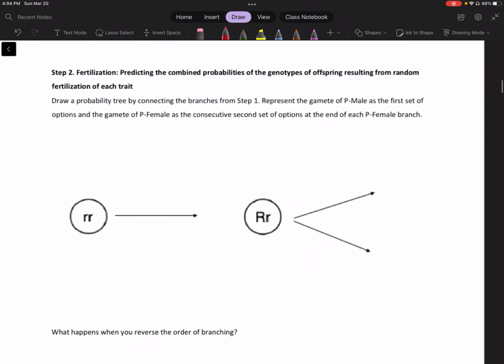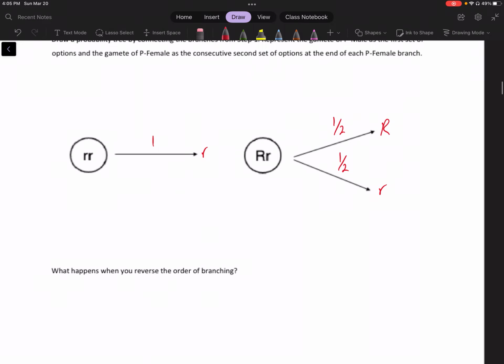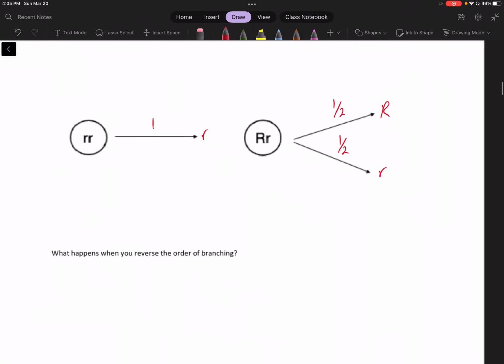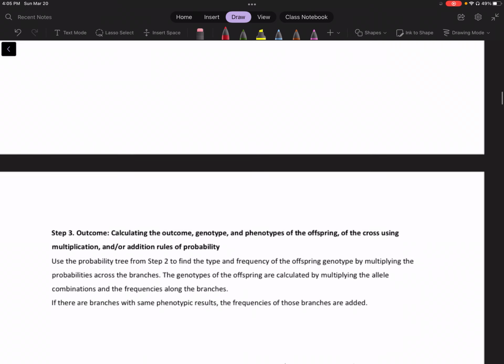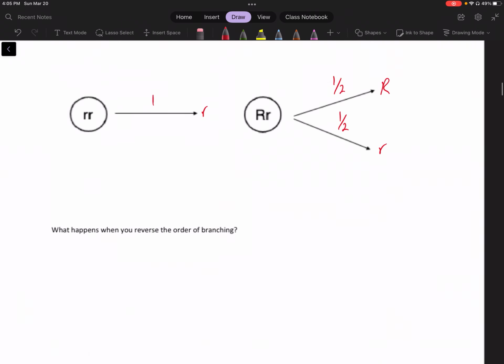Now this is where we get to predicting possibilities. We're going to do the same thing we just did, because now we're going to see what one parent is going to fertilize with the other parent. So we're looking at this outcome.